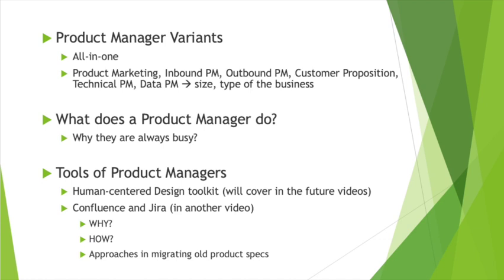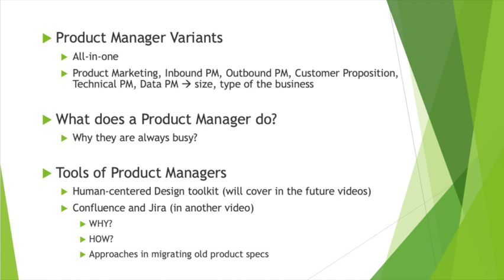Now coming to the second question, what does a product manager do and why are they always very busy? I think it's related to the first question, but I will take an example of an all-in-one product manager to show how much a product manager needs to do. So externally, the product manager has to look at the overall market strategy, like go-to-market strategy, and look into competitors' products.